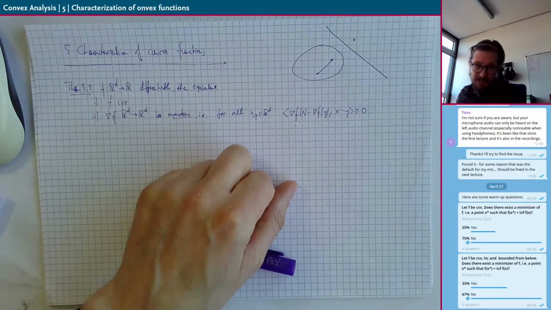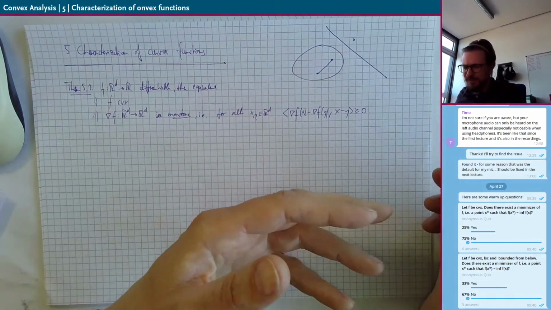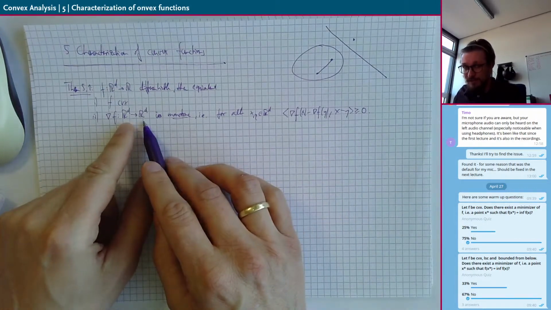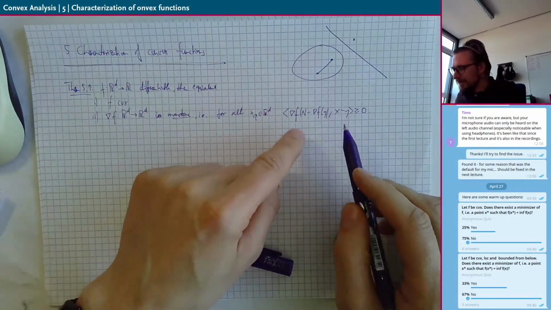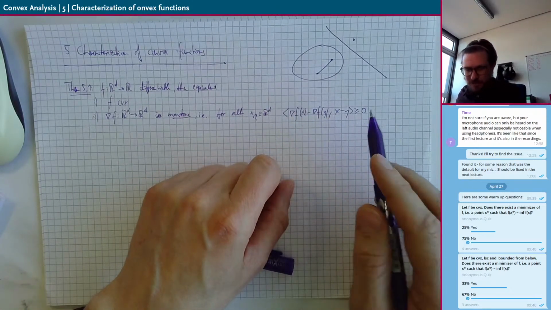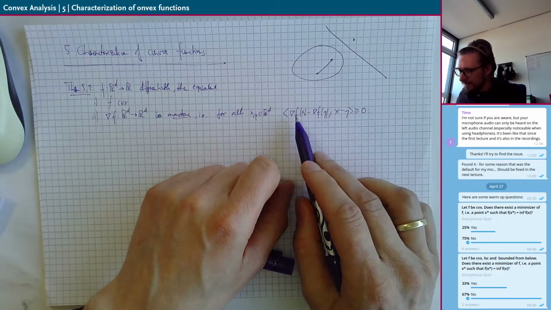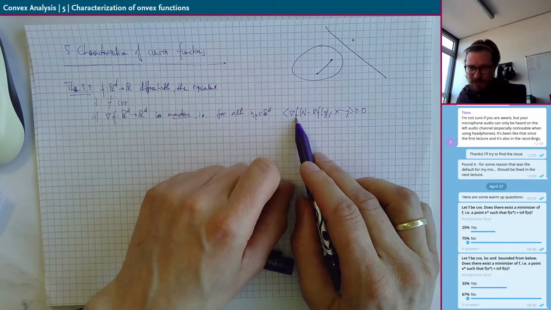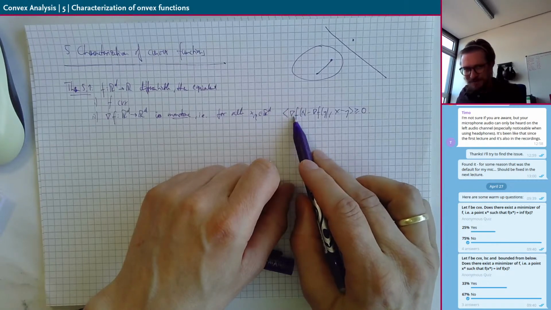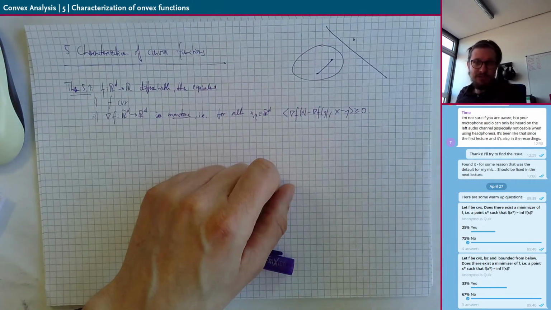In higher dimensions, it's far less obvious what this has to do with being increasing or decreasing. It doesn't make sense because the spaces are not ordered. But in 1D, monotonicity means that this and this have the same sign. For example, if x is larger than y, then the derivative of f at x has to be larger than the value at y, which means increasing.